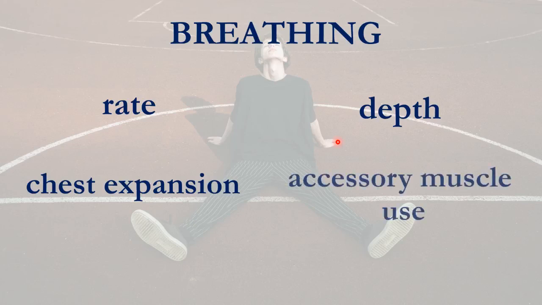And then accessory muscle use. So there are some muscles that are not really being used in normal breathing, but in some people with respiratory issues or problems, these muscles that are not usually used in normal breathing are used. And this indicates labored breathing. For example, due to chest infection or pneumonia, or maybe there's fluid buildup in the lungs, or pulmonary edema, clinically speaking.